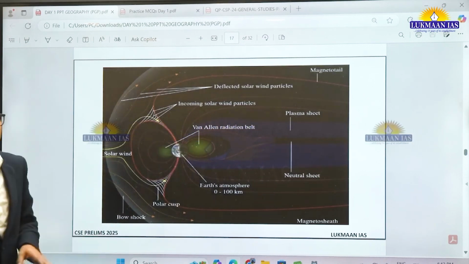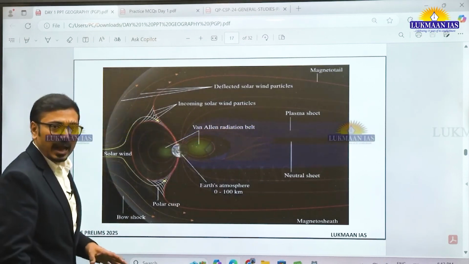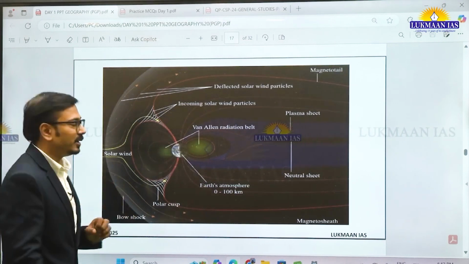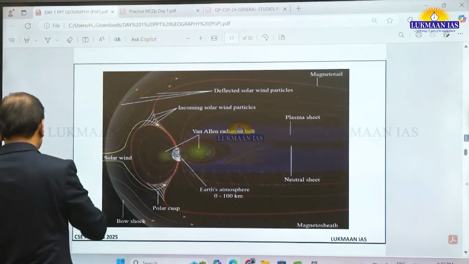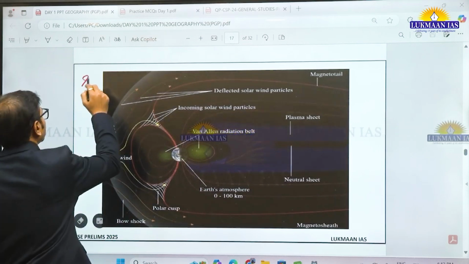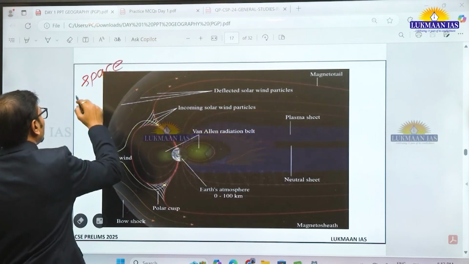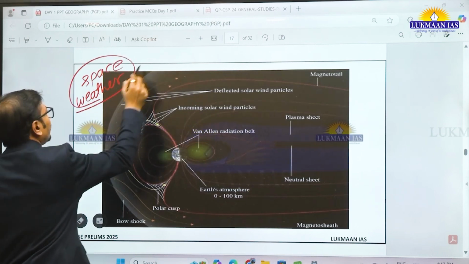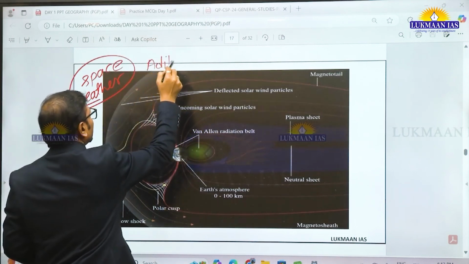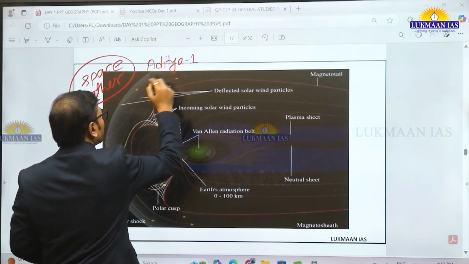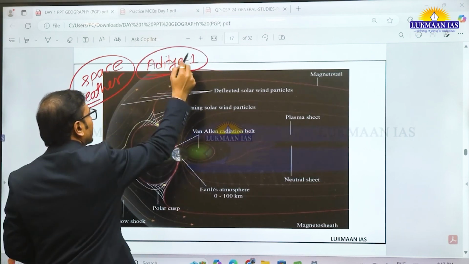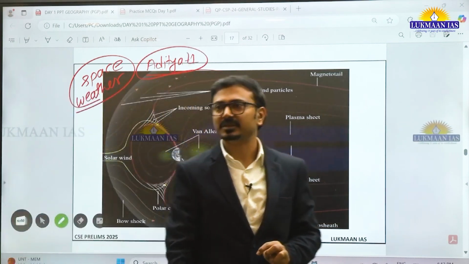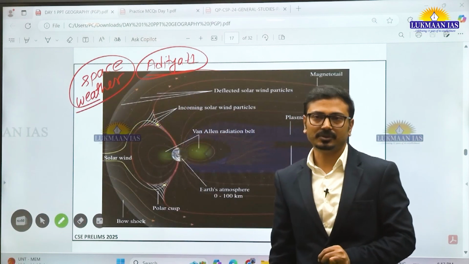Okay, and understanding and giving early warning about these two phenomena is called as space weather. This is what we want to understand, and that's why we had launched this Aditya L1 mission. Space weather. It is related to solar storms.